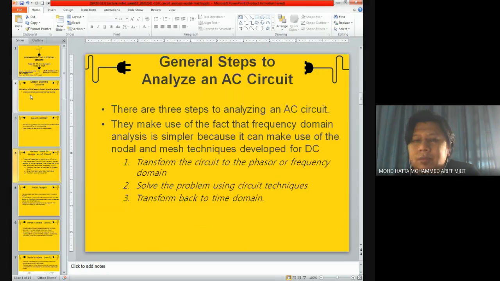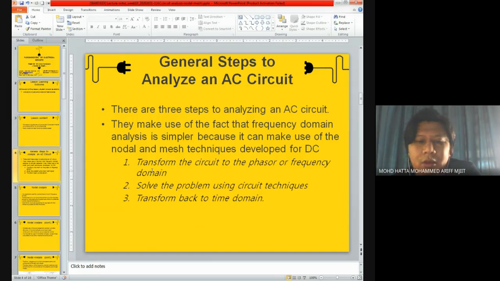So in order to analyze the circuit in the frequency domain, a lot simpler strategy for AC circuits, we should make use of the frequency and transform the circuit from the time domain into a phasor or frequency domain.